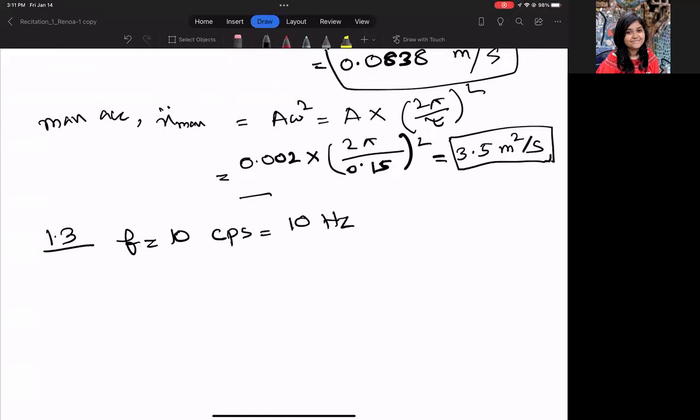The maximum velocity is x naught max equals 4.57 meter per second. We need to find the amplitude A, the time period tau, and the maximum acceleration.